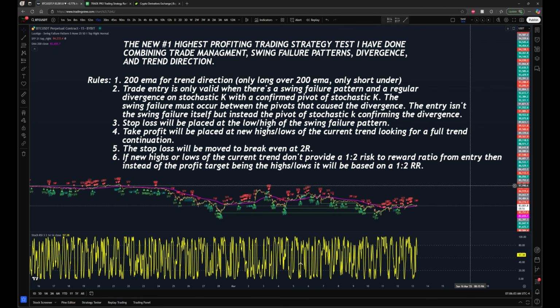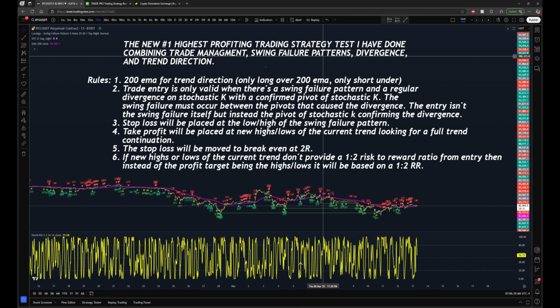Now let's talk about this strategy. This is a similar strategy to the ones that I did in my last few videos, but we've now added everything together, including trade management, to get the best possible result, and it definitely performed. So this is going to be swing failure patterns, divergence, trend direction, plus trade management.